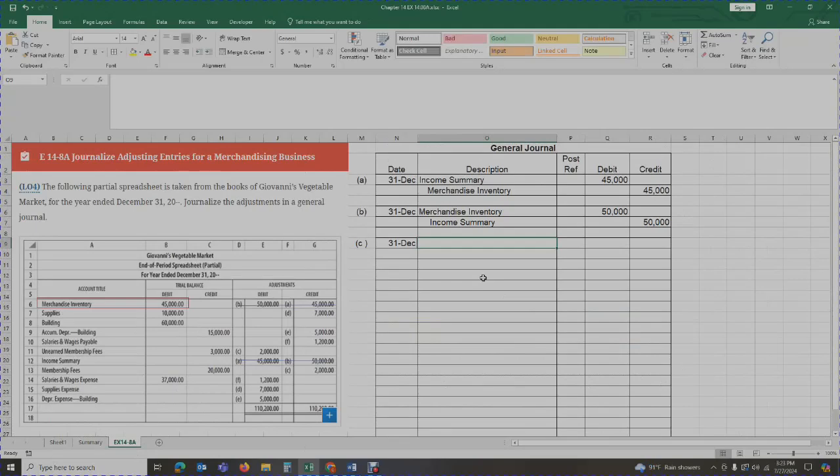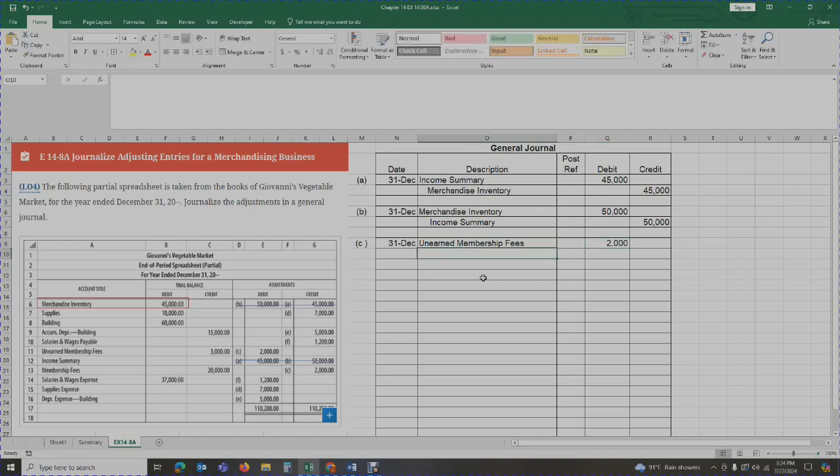That entry applies to any unearned account, whether it be unearned rent or whatever the case might be. If it's unearned, the entry would always be the unearned account gets debited and then the revenue account gets credited. So here we have unearned membership fees for $2,000.